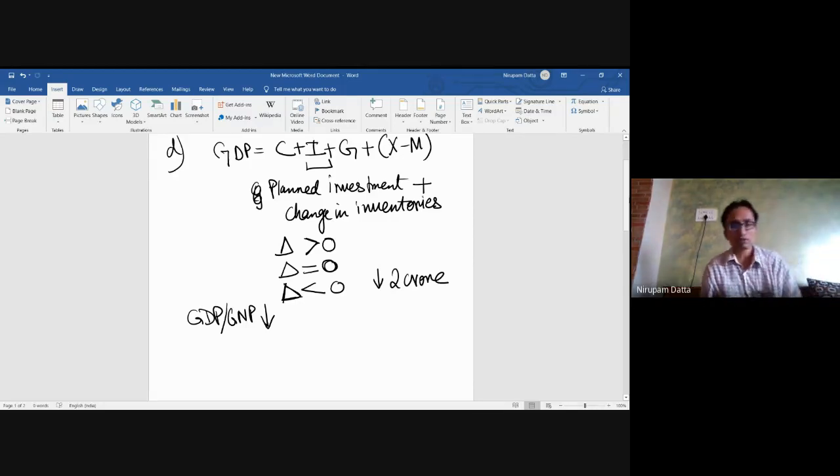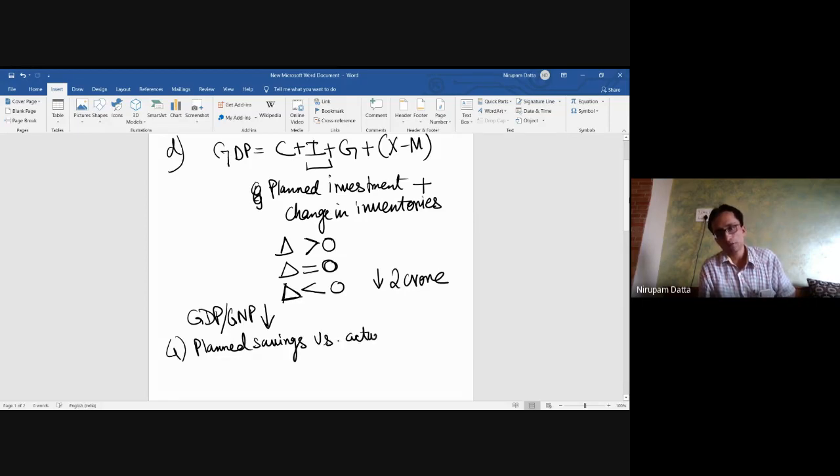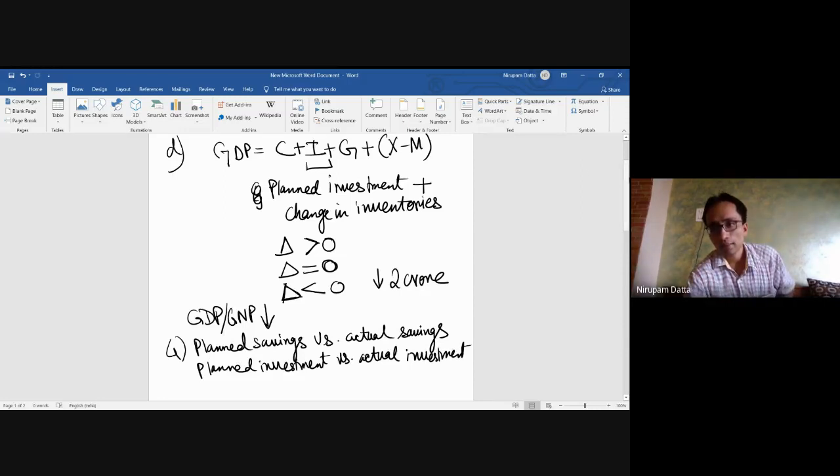So here you will have to discuss planned savings versus actual savings, and planned investment versus actual investment. So identity means what?